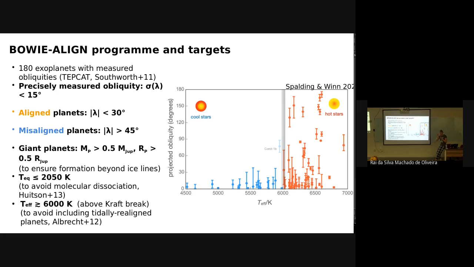The matter, however, is we don't exactly know in which direction the star is looking. It doesn't need to spin like this relative to the observer. It could be shifted like this, and then the planet basically pointing towards you, and then any planet orbiting in any scenario would always look as if it was aligned.